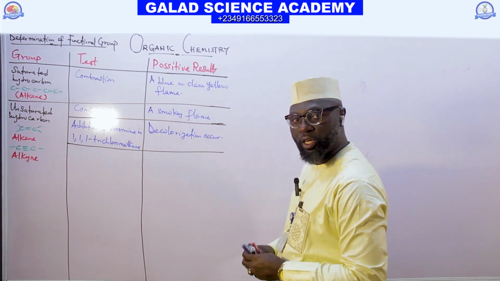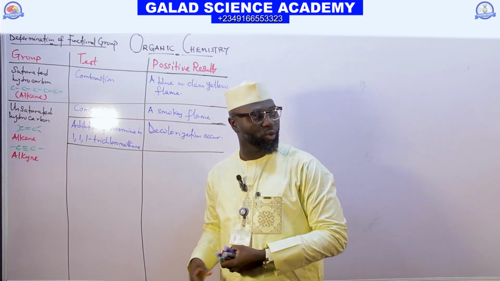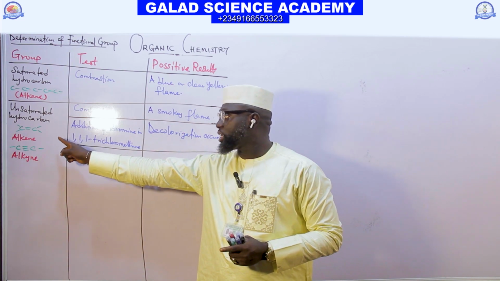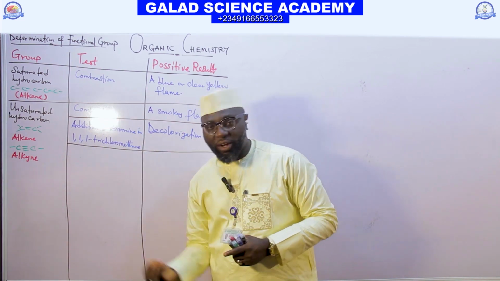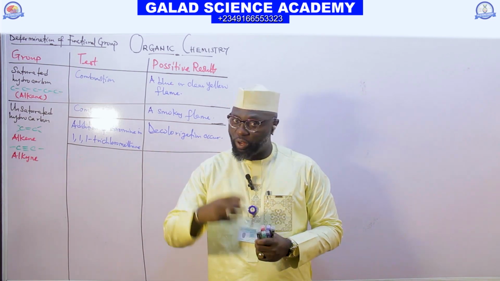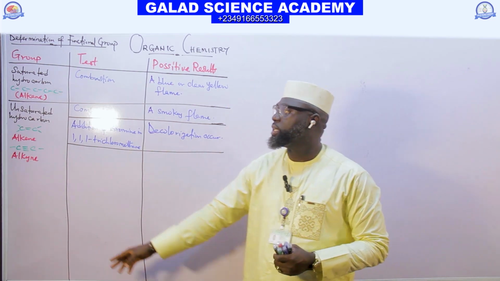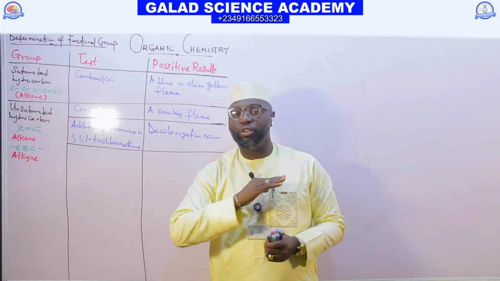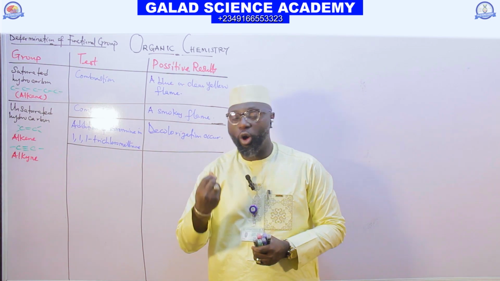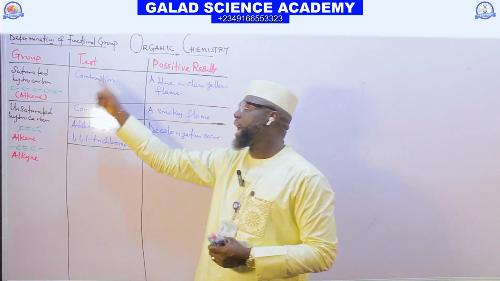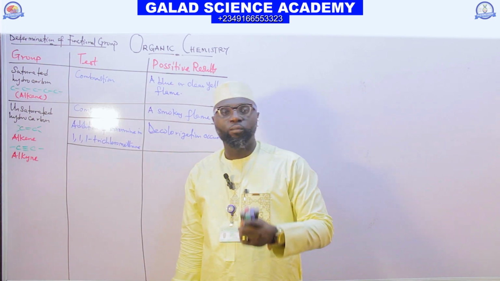So the first test for saturated and unsaturated hydrocarbon is combustion. Whenever you burn an organic compound in air and you have a smoky flame, it tells you that it is unsaturated, either alkene or alkyne. But if it gives you a fine yellow flame or a blue flame, it is saturated, which is alkane.